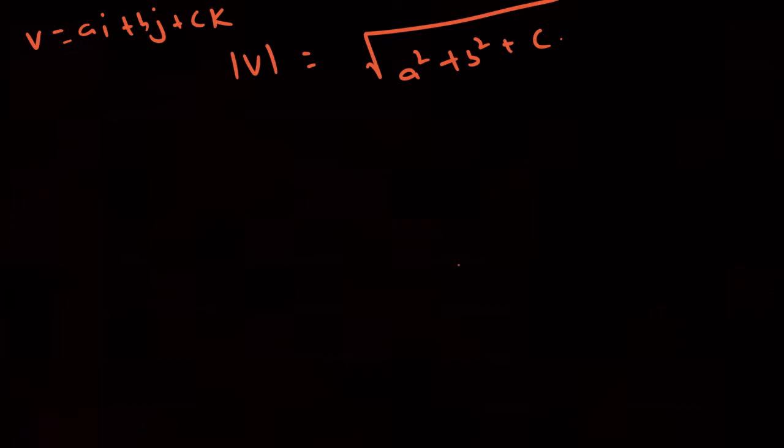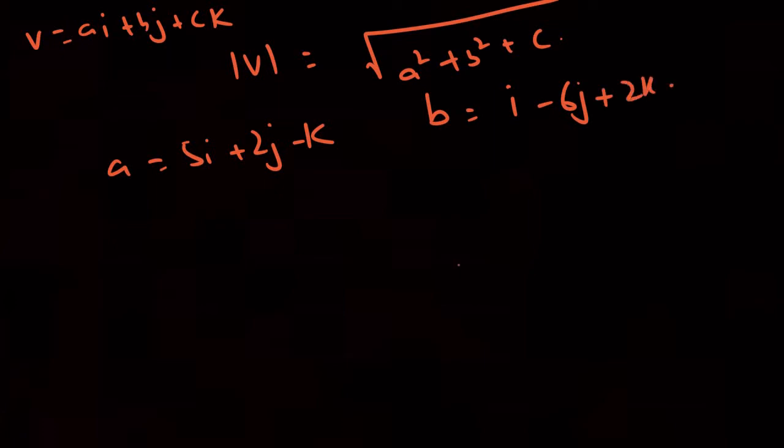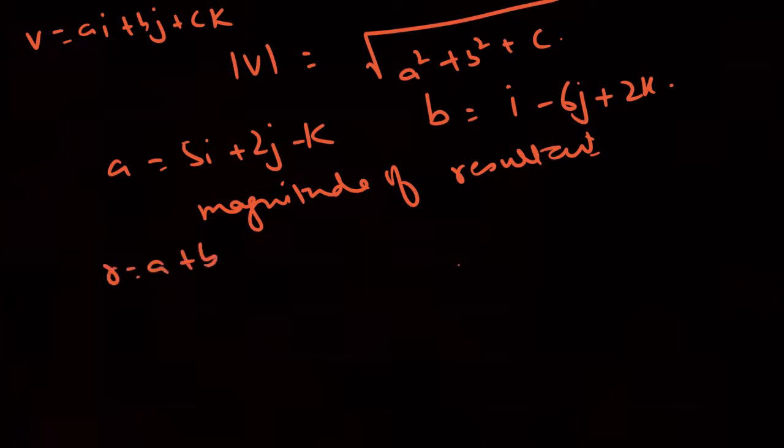Okay, just looking at an example, we are saying that A is equal to 5I plus 2J minus K, B is equal to I minus 6J plus 2K. So they are asking about the magnitude of the resultant of these two vectors. Okay, so first of all, you will be finding the resultant. Resultant is basically A plus B. It is equal to 5I plus 2J minus K plus I minus 6J plus 2K.